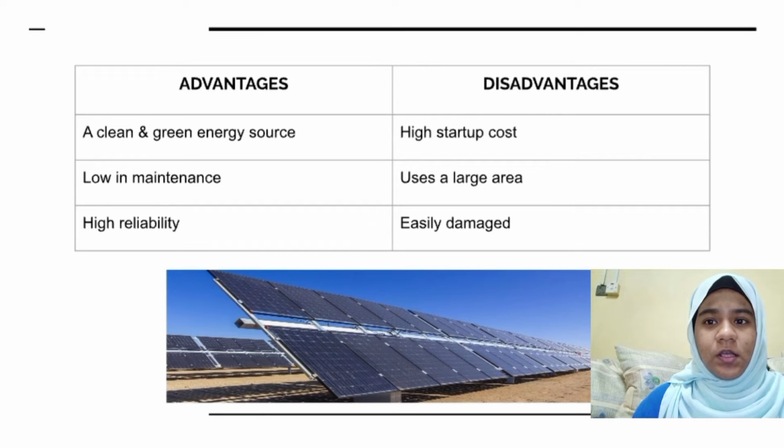Next, it is known for its low maintenance and operating costs compared with other renewable energy systems, and it is highly reliable even under harsh conditions. And for the disadvantages, the construction cost of the photovoltaic system is high and it uses a large area of land, and that is why many people install it upon their roofs, and it is easily damaged.